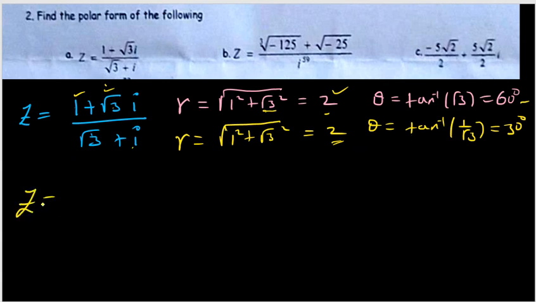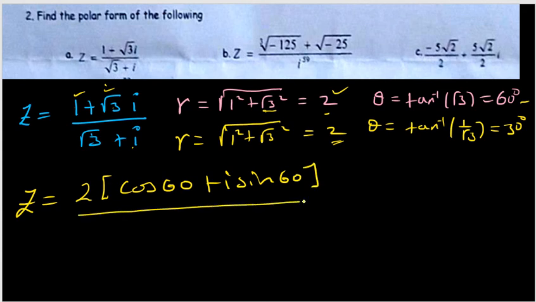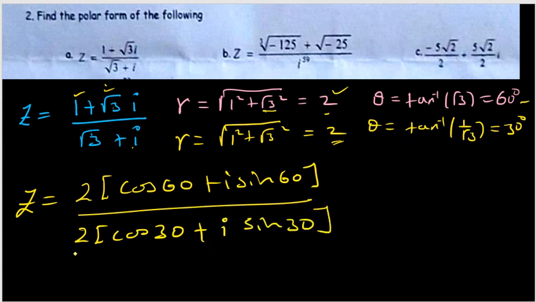Therefore, the given complex number we can write as 2 times the upper part only, cosine of 60 plus i sine 60, the whole over the lower part, again 2 times cosine of 30 plus i sine 30. Then this time we can cancel the 2 here and subtract the angles.